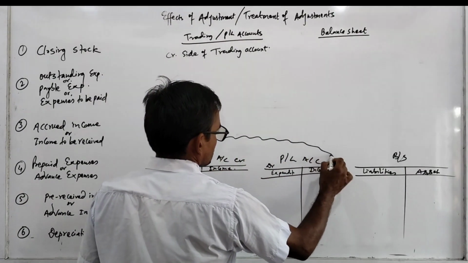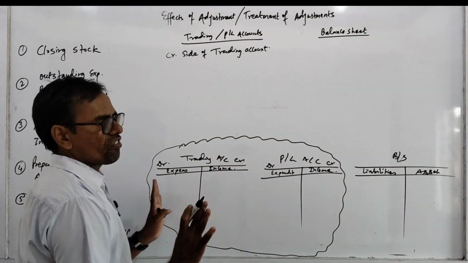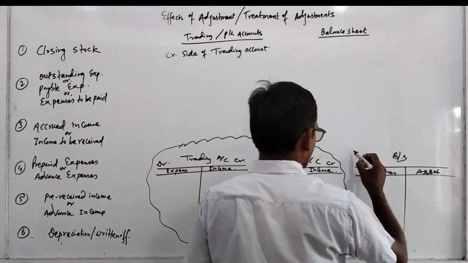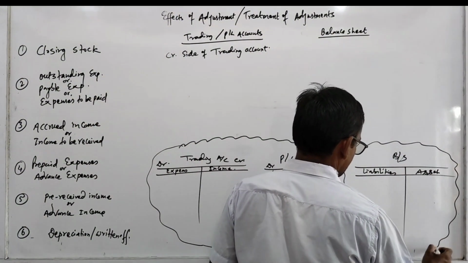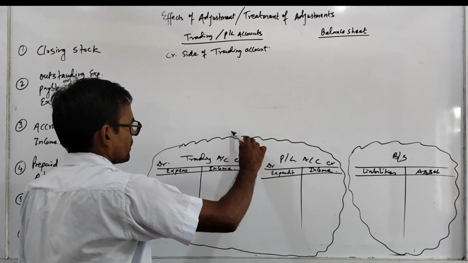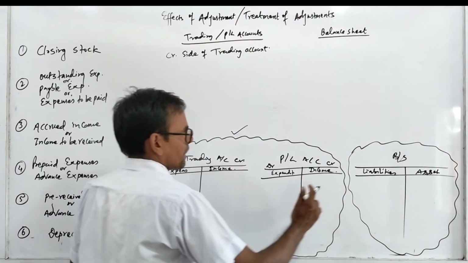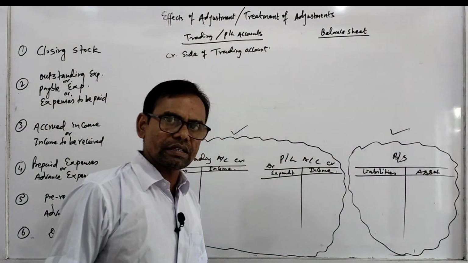So either you record in the income and expenditure sides, and the other is for the liability and asset sides.